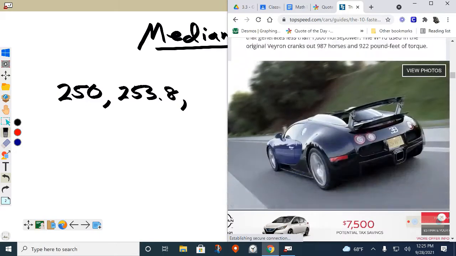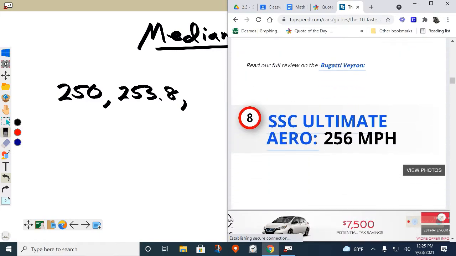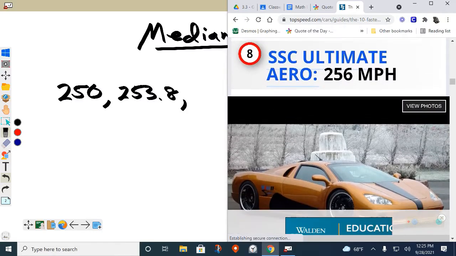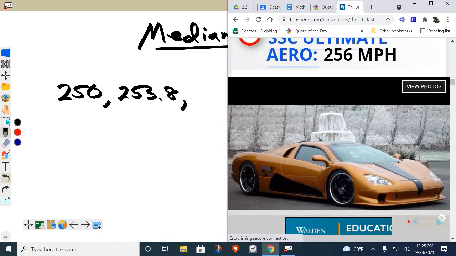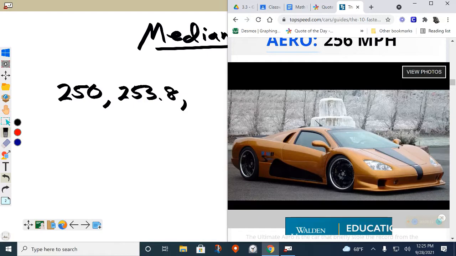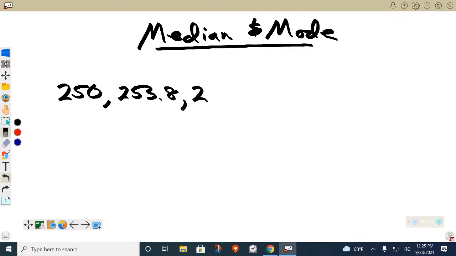Number 8 is the SSC Ultimate Aero. It's a fast looking car. 256 miles per hour. This is top speed. So far so good.